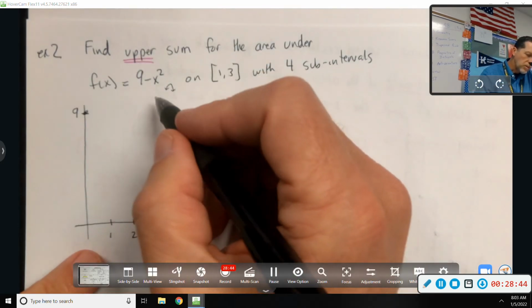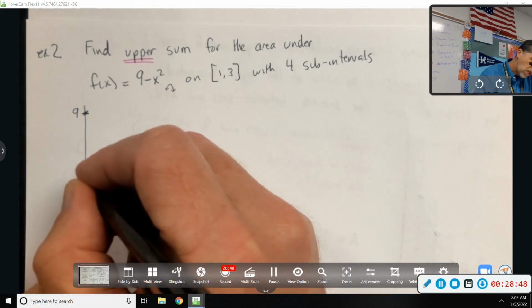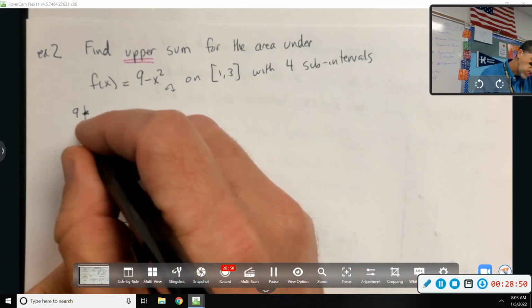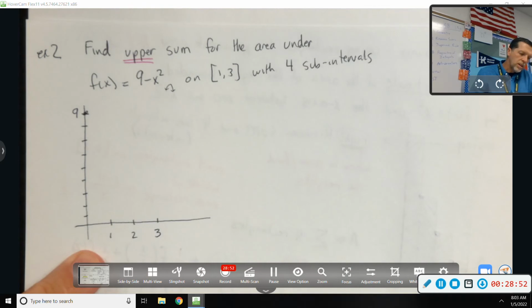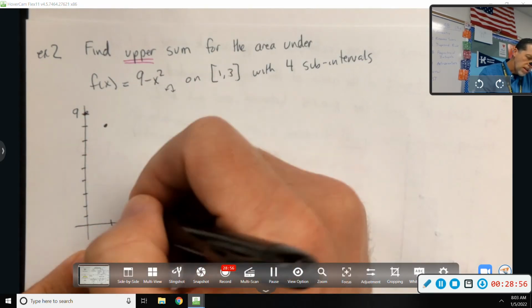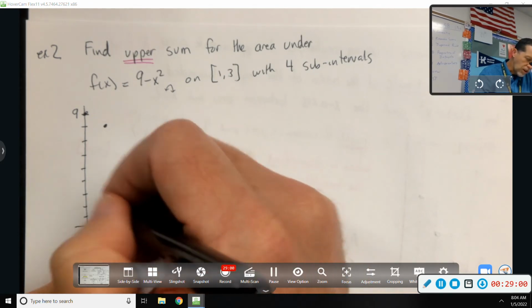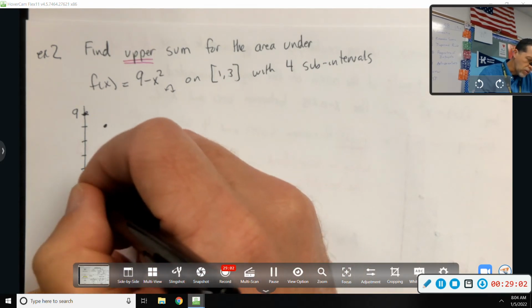If I plug in 1, 9 minus 1 is 8. Plug in 2, 9 minus 2 squared is 5.